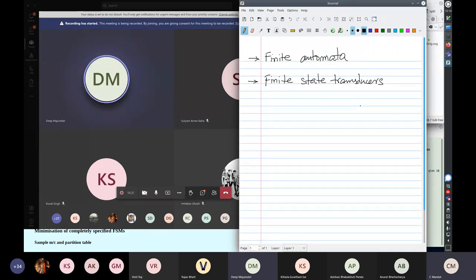Yeah, but you still have an output alphabet, whether it is a Moore machine or a Mealy machine. Whereas a finite automaton, the definition at least doesn't have any output alphabet. So what do you do about the output alphabet?